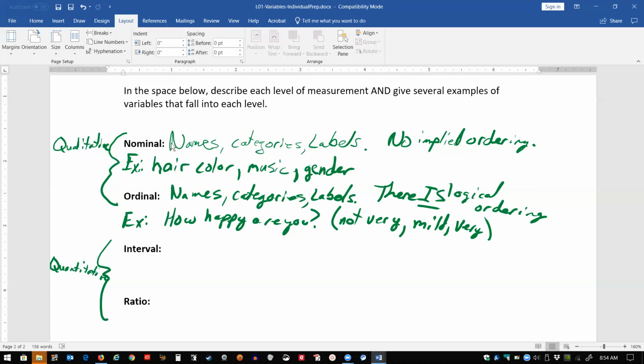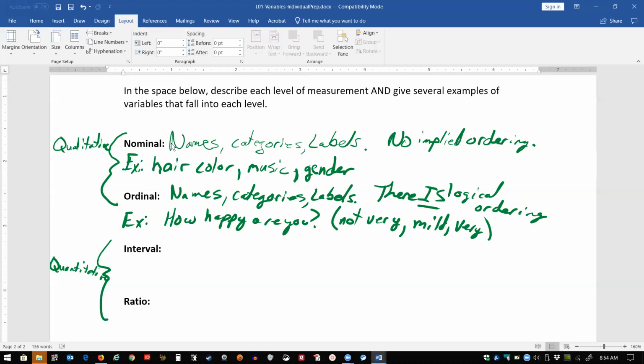However, it doesn't make sense for us to average those options together. So that locks us still into a qualitative variable, qualitative data. However, it is ordinal qualitative data. Note in the name, there's our clue. Ordinal leads to order. There is a logical order to these qualitative variables here.